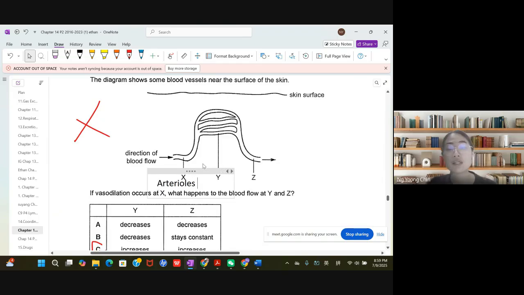What is Y? Y is a capillary. Okay, it's a capillary. Actually, it's not a capillary, it's a shunt. Okay, just remember. Yeah, it's a shunt. Okay, I hope you still remember. And then Z is what? Here will be the capillary. Because blood capillaries stay near the skin surface, right? Blood capillary. And then Z will be the venule, okay? Will be the venule.